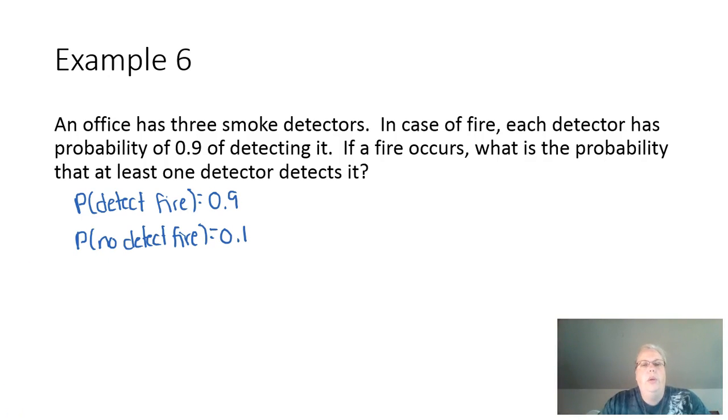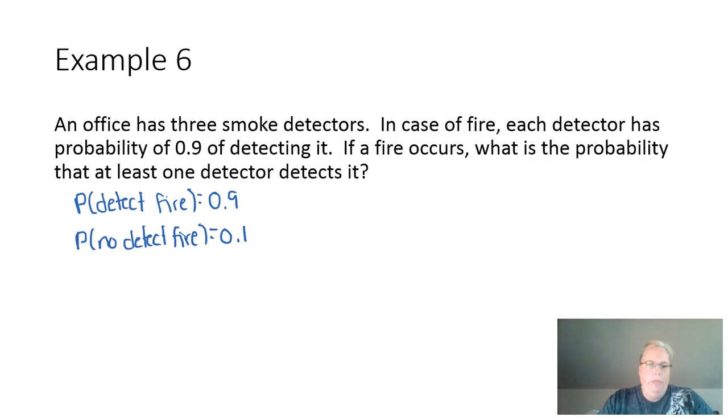Okay, so these are the probabilities for one fire detector, but we have 3 of them. And so at least one means that maybe the first one detects it, maybe the second one detects it, maybe the first and the second detect it, maybe the first, second, and third detect it, maybe just the second and the third, or just the second one by itself. You can see where this is going. So we have way too many probabilities to try and figure out.